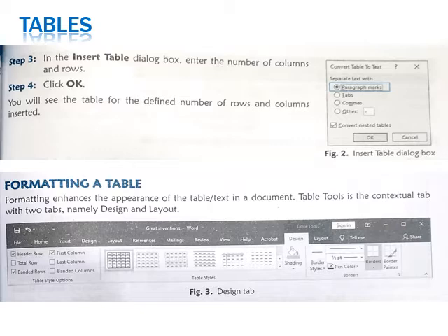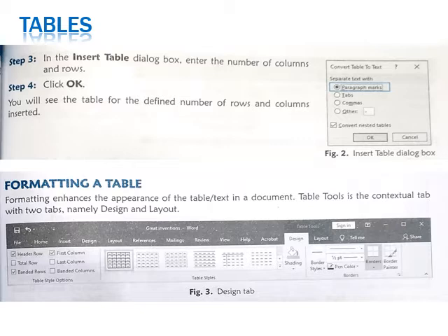One important thing, children, if you want to make use of this feature, you will have to select your table first and then choose the option. This is the prerequisite for any activity. If you want to perform any action on any object, you have to select that particular object and then activate the command. So formatting enhances the appearance of the table or the text in the document.